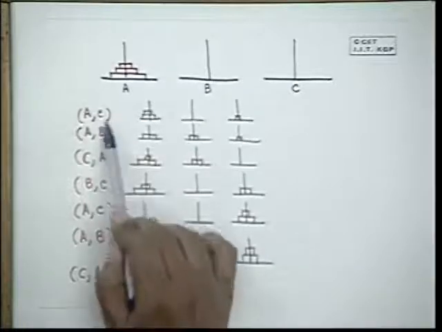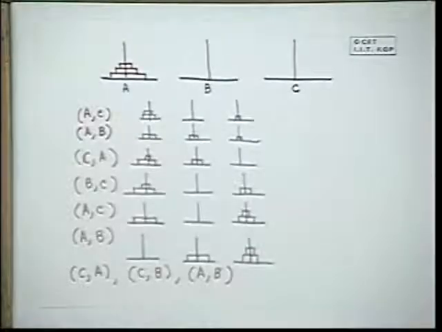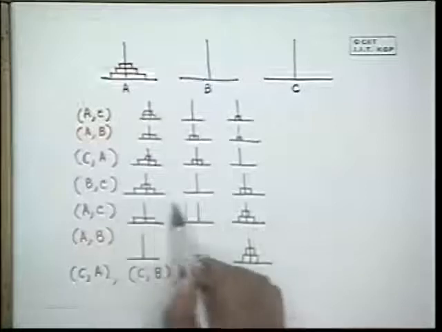So now we have taken 1, 2, 3, 4, 5, 6, 7, 8, 9 steps to reach this position. If we go back and analyze further and come back and see what we have done, then we'll see that by a sequence of these 5 steps, we have reached this position.